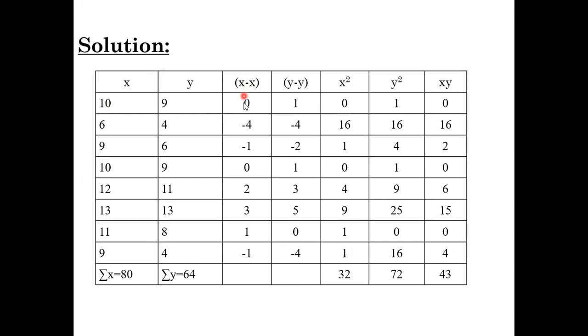So 10 minus 10 is 0, 6 minus 10 is minus 4, 9 minus 10 is minus 1, 10 minus 10 is 0, 12 minus 10 is plus 2, 13 minus 10 is plus 3, 11 minus 10 is plus 1, 9 minus 10 is minus 1.